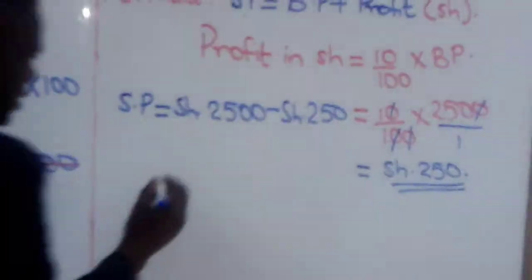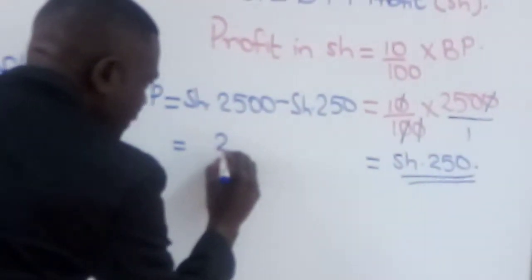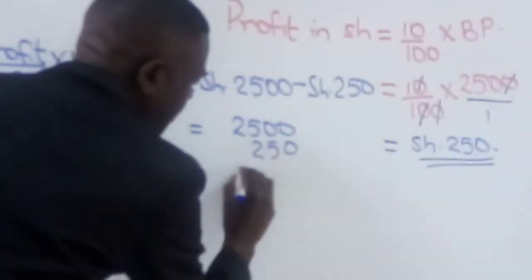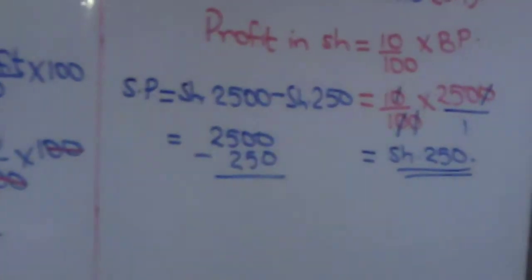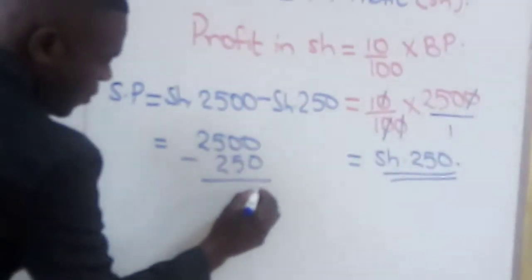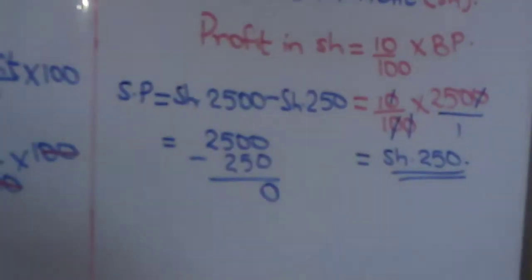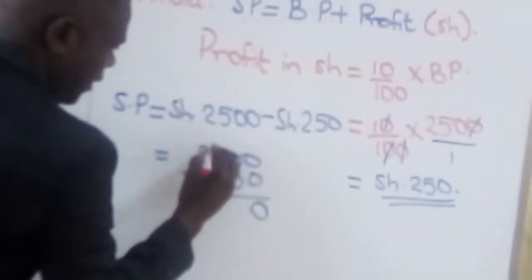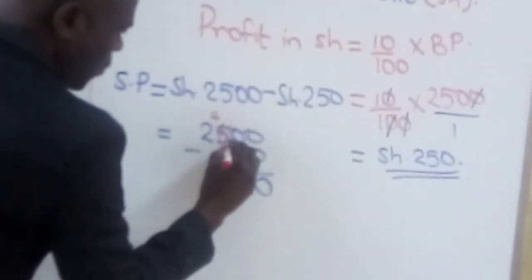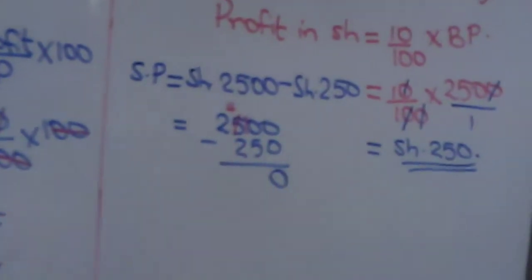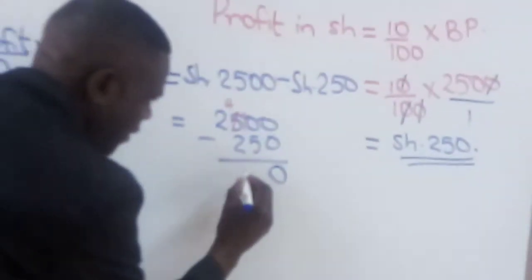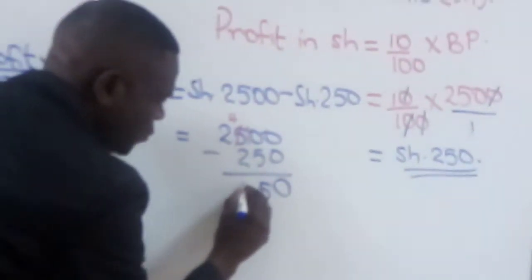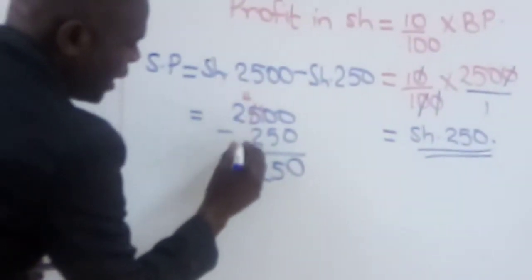And so we subtract down here, 2,500 minus 250. 0 minus 0 is 0. 0 minus 5, it's impossible, and so we borrow 1 from 5, remain with 4. So 1 we add there. 10 minus 5 is 5. 4 minus 2 is 2. Then 2 minus nothing is 2.